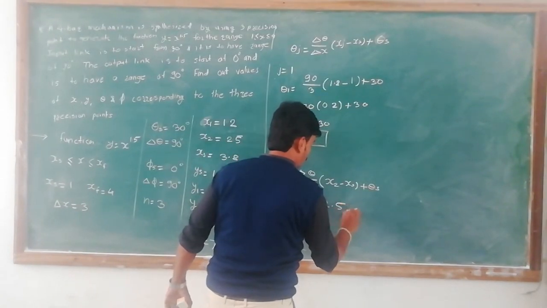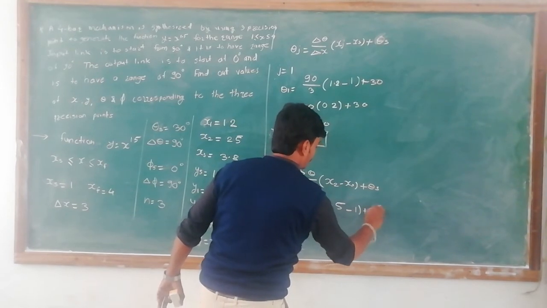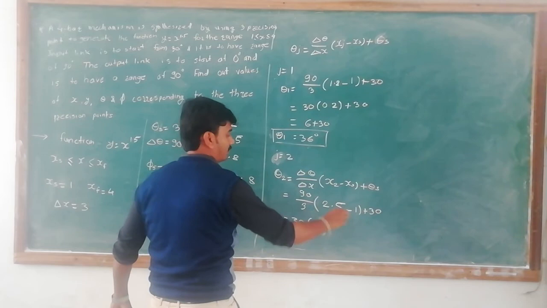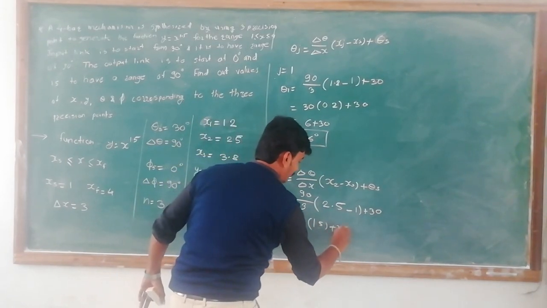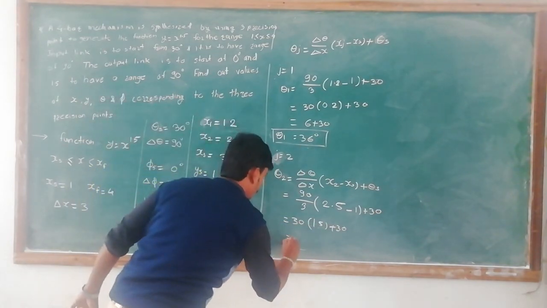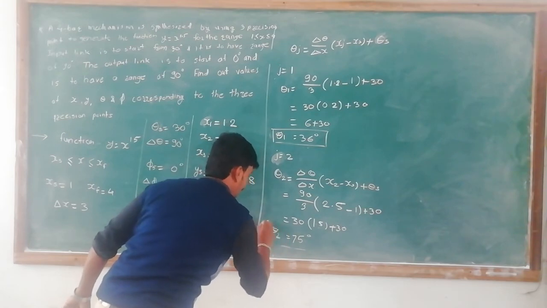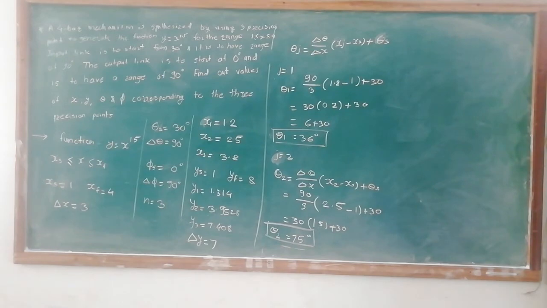So 30 into (2.5 minus 1) is 1.5 times 30, that is 45, plus 30, 75. So theta 2 is equal to 75 degrees.